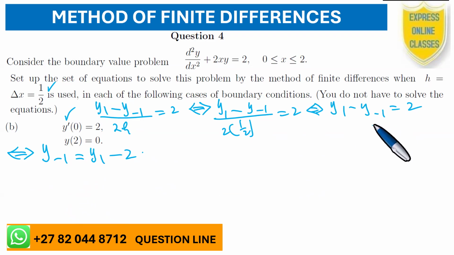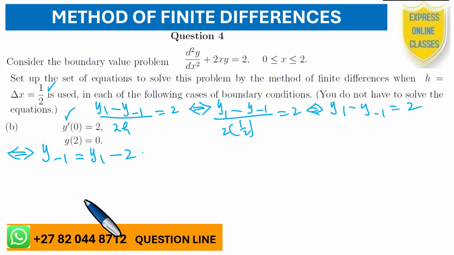Is this manipulation correct? If you move the y subscript minus 1 to the right, then you'd have y1 minus 2. So yes, from this, we're able to get this particular equation.